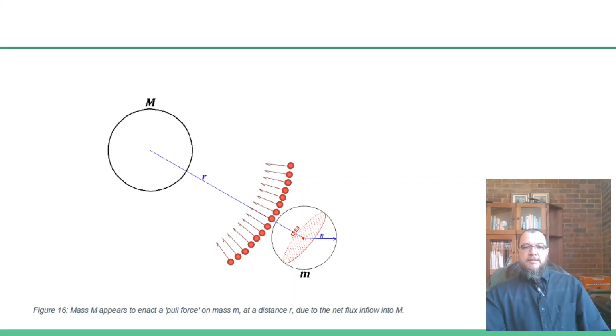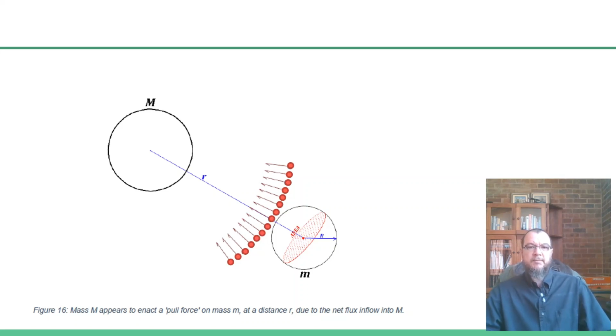Should any other mass, in this case small m, find itself within the light cone of big M, it will experience that imbalance that was established around the mass big M. Now, of course, the same imbalance would be created around small m, but on screen is shown only the one effect. The mass small m finds itself in an imbalance in flux, and as we have shown earlier, an imbalance in flux will cause a mass to move.